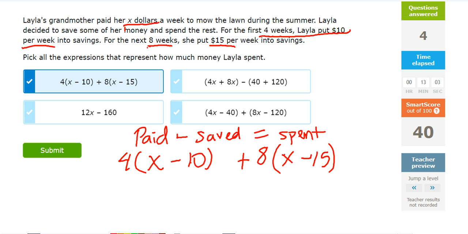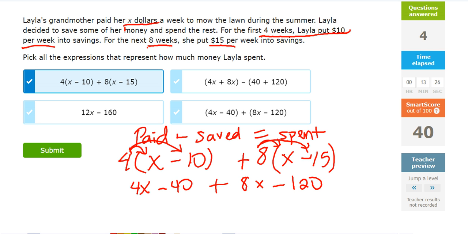So if we distribute here, that would be 4x minus 40, plus distributing here will give you 8x minus, let's see, 80 plus 40 will be 120.